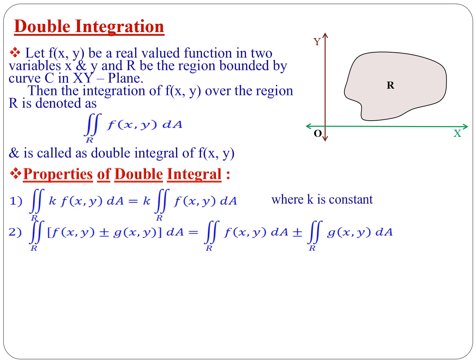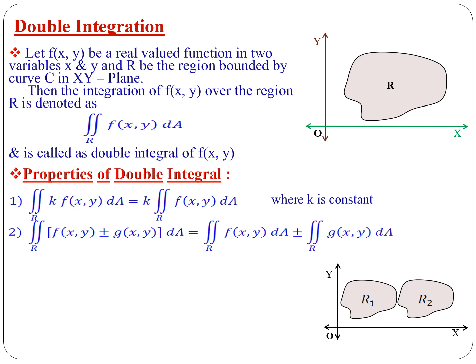Now the third property, which is a very important property, is related to this figure. Till now you were able to find the double integration along the given region R. But now you are not given one region. You are given two regions, and the union of these two regions is your R, and you want to integrate along R, which is the union of the two regions R1 and R2.